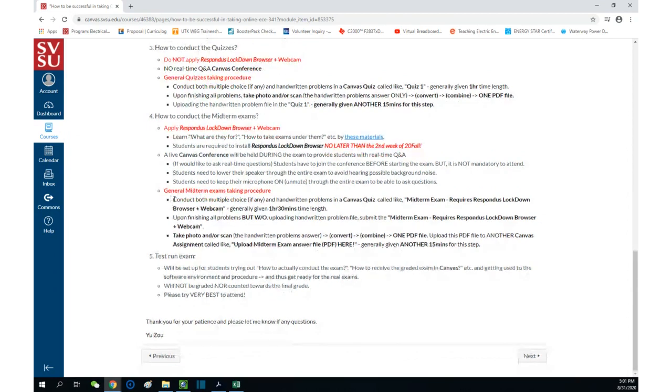Here's the general midterm exam taking procedure. You go to a quiz, conduct the exam for about 90 minutes, and then submit your quiz. However, you can't upload any handwritten problems there, because this is under lockdown browser.